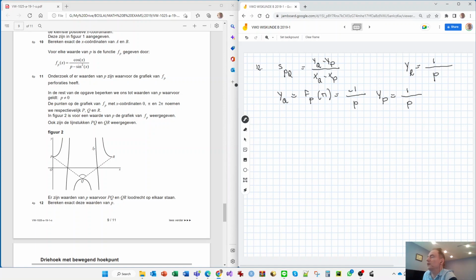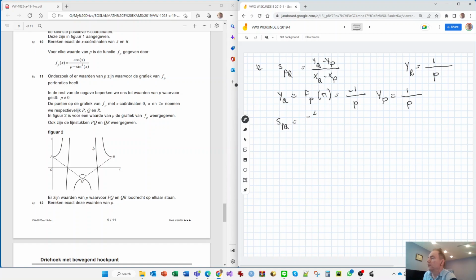What was I doing? Okay, the slope of PQ is then minus 1 over p minus 1 over p.